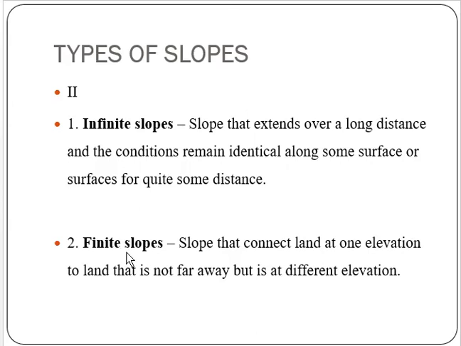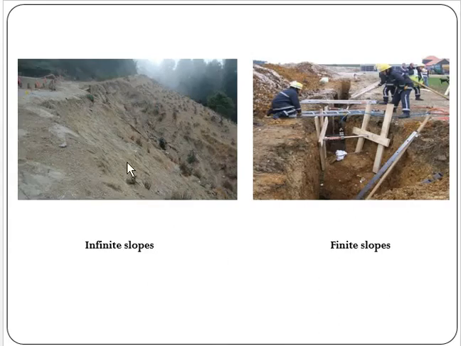In the case of finite slope, the slope connects land at one elevation to land that is not far away, but is at a different elevation. That is, connecting two lands of different elevations. Okay, this is infinite slope, and this is finite slope: a slope connecting lands of different elevation.